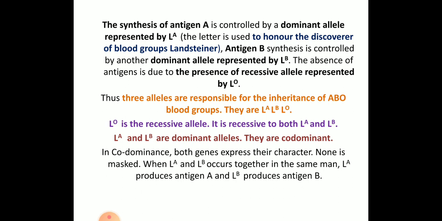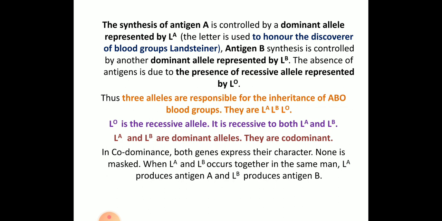As I said, it is given in honor of Landsteiner. Antigen B will be given by LB, and LO means it contains neither A nor B. Thus the three alleles of ABO are represented in the following form: LA, LB and LO.